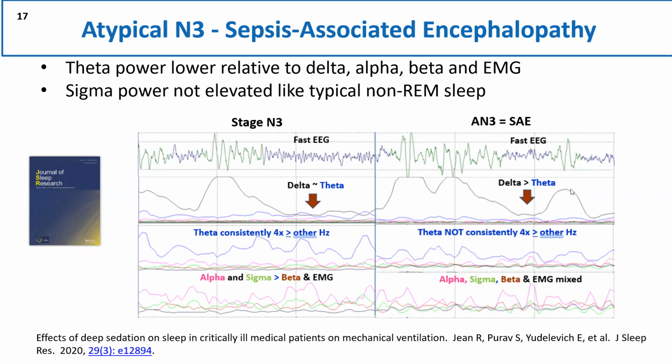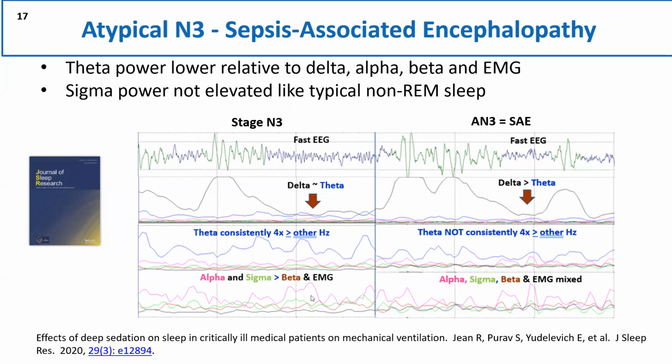During atypical N3 sleep, we have very elevated delta power and suppressed theta power. So it's suppressed during the fast. They're not equal to each other. The delta exceeds the theta, and the theta isn't consistently 4 times greater than the other signal patterns.